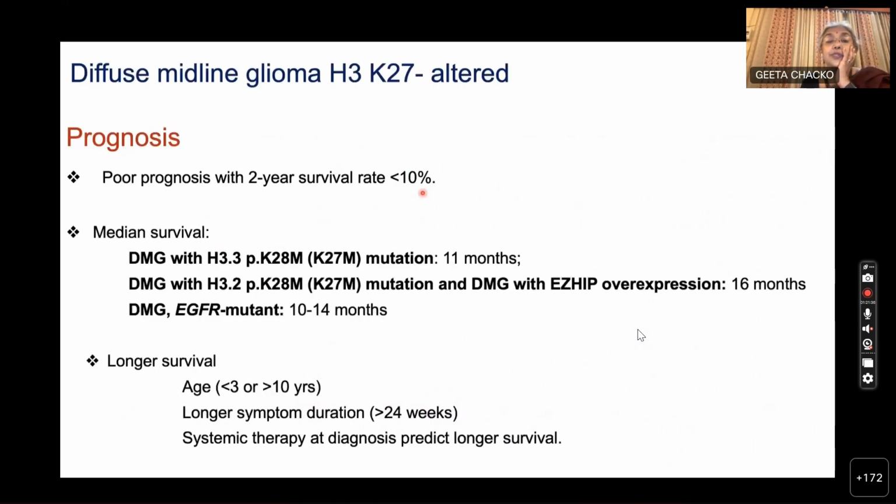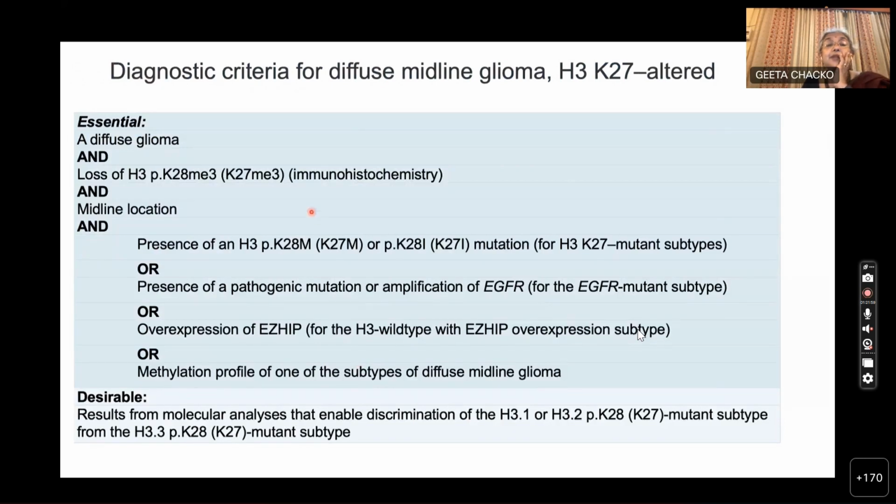So it is important to diagnose because they have a poor prognosis. Though amongst these three, the one with the best prognosis is the one which has EZIP overexpression. And if you're young, less than 3 years or more than 10 years, you have a longer survival. And tumors that have EGFR mutation with targeted therapy have a better survival.